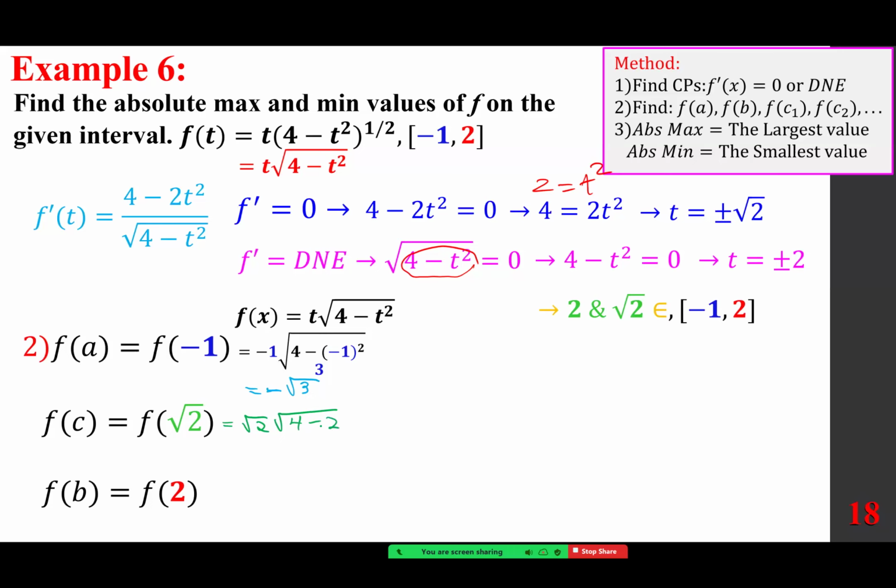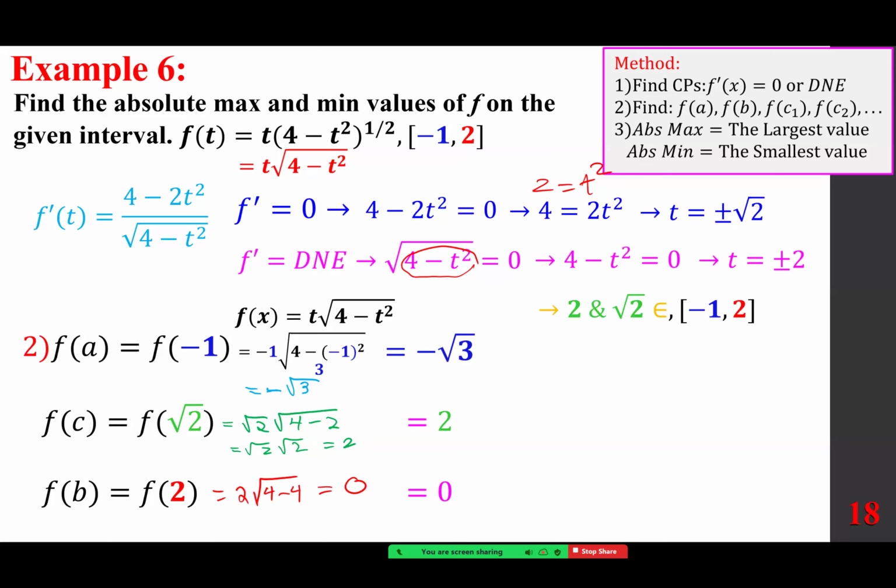So what we are looking at is square root of 2 times square root of 2, which is 2. Let's plug in 2. We get 2 times square root of 4 minus 2 squared, which is 4, and I hope you recognize this as 0. So those are the answers.